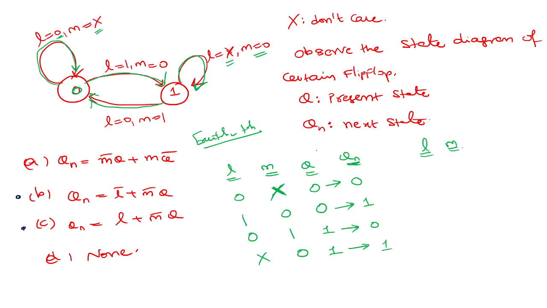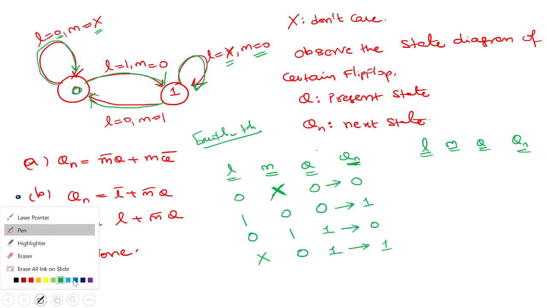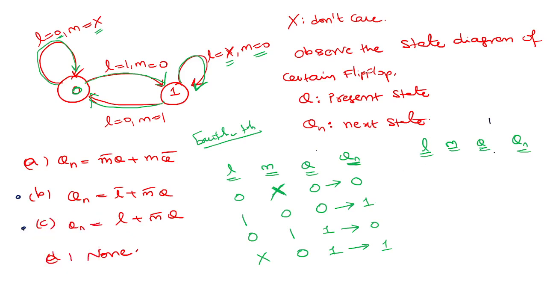So now let's go to the truth table. L, M, Q, Qn. These are the inputs, these are the outputs. Don't get confused when I say inputs, how Q is an input. For a sequential circuit, next state depends on the previous state, so this is the previous state Q. That's what I mean by inputs.